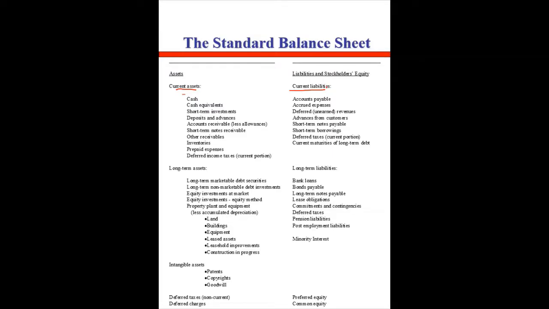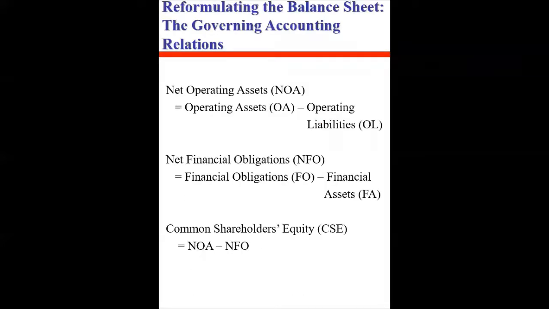So when we reformulate the balance sheet, we have to categorize these assets, these liabilities into operating assets and liabilities and finance assets and liabilities. So we have learned how the template works for the operating assets and the operating liabilities.